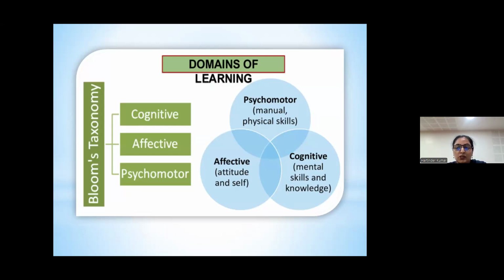Briefly discussing the domains of learning, in Bloom's taxonomy there are 3 domains: cognitive, dealing with mental skills and knowledge; affective, that is attitude and self-learning; and psychomotor, that is the manual or the physical skills.